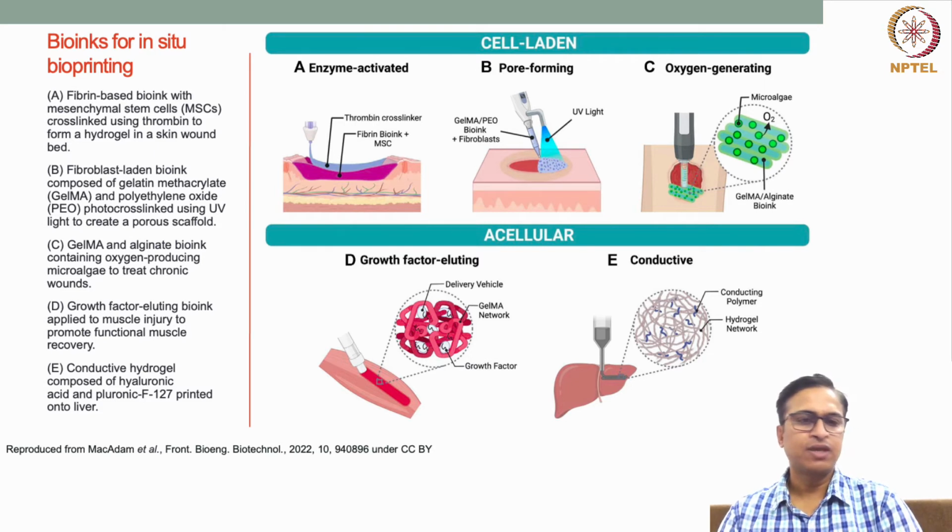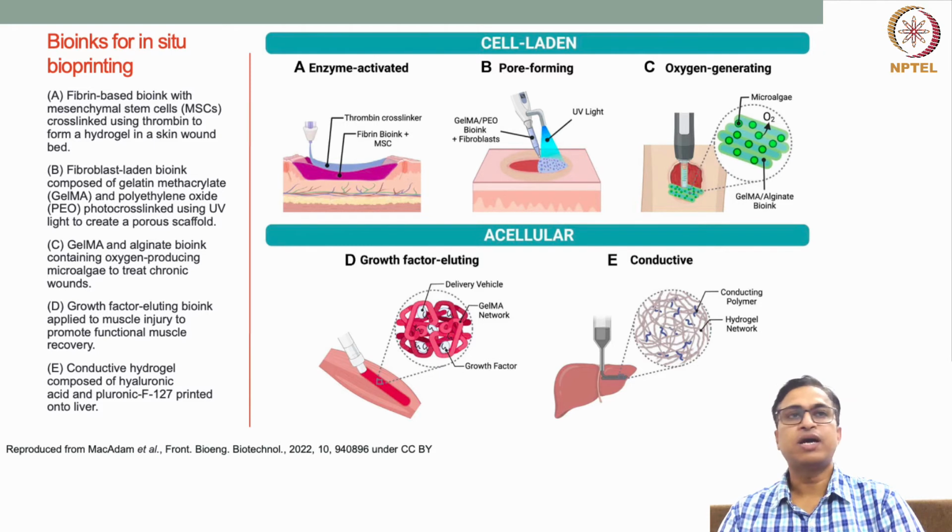Like the very first thing that is given here is the enzyme activated. Like, as we have discussed, enzyme based cross linking mechanism is one most prominent strategy for certain types of bioink to use them for bioprinting of different types of structures.